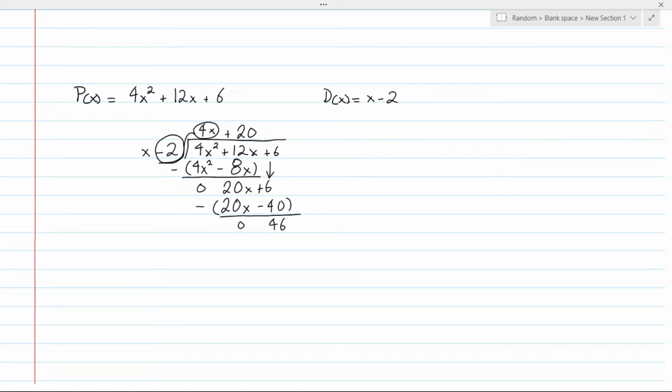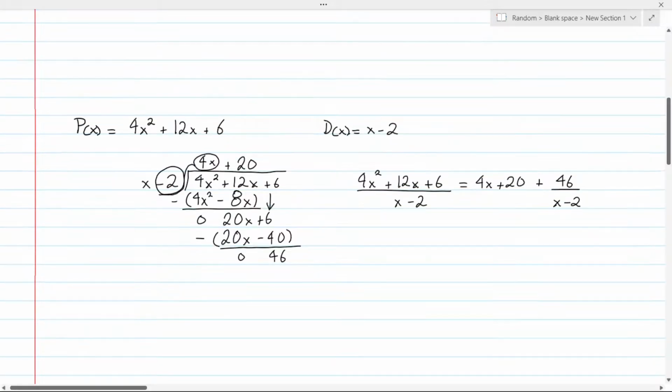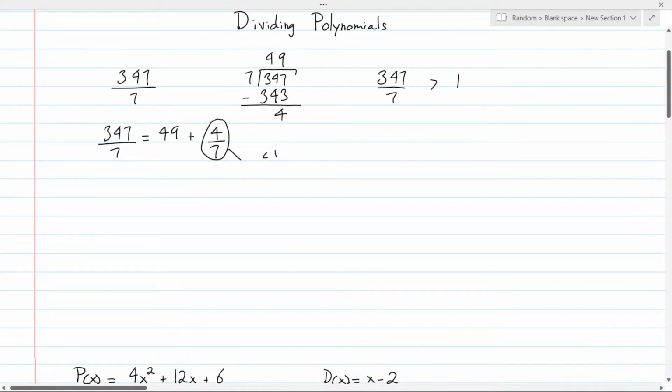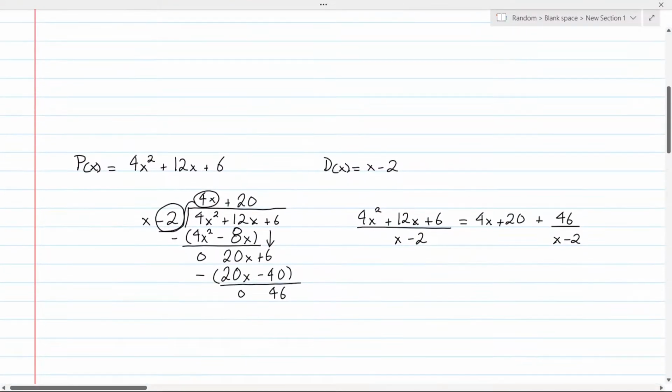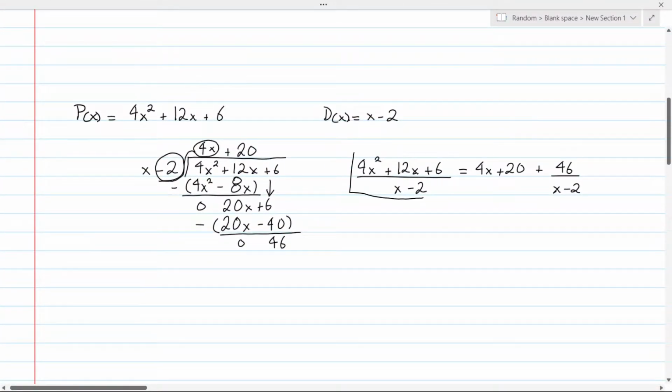This means that we can rewrite 4x squared plus 12x plus 6 divided by x minus 2 as being equal to 4x plus 20 plus 46 over x minus 2. Now notice, just like in the case of 347 divided by 7, the dividend had a degree higher than the divisor.